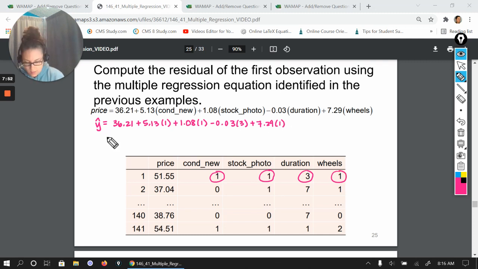So this is equal to 49.62. Okay, this is a dollar amount. This is what we would be expected to pay.